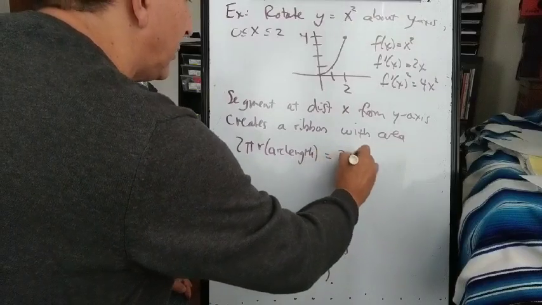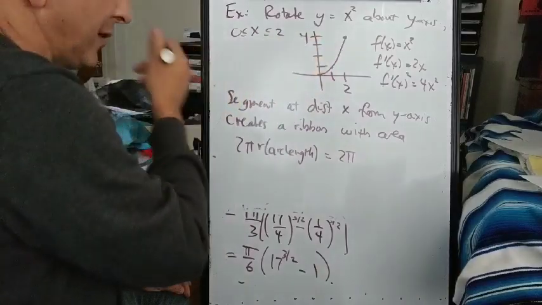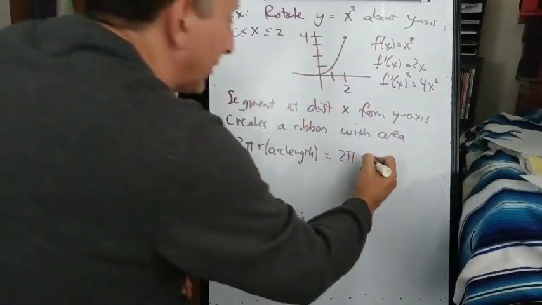R is just the distance from the y-axis to the curve, so if it's distance x from the y-axis, then r is x.